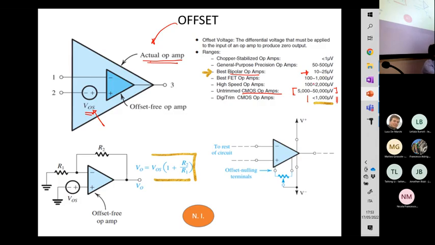This is yet another reason why typically analog designers prefer to work with bipolar technologies, because the offset that you can achieve with a bipolar op-amp is much smaller with respect to the one you achieve with the CMOS, due to the fact that CMOS is affected by threshold variations and mismatching in the geometries, and this may cause this unwanted effect.